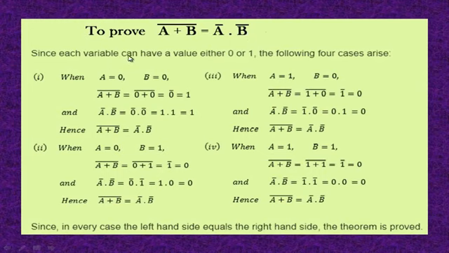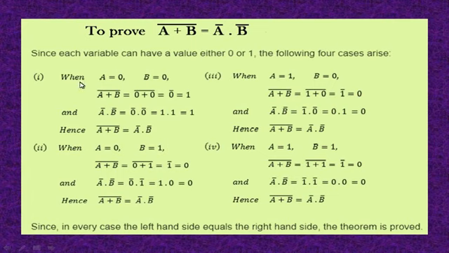Since each variable can have a value either 0 or 1, the following 4 cases arise. And we know that there are 2 variables at the input, therefore 2 raised to 2 is equal to 4. So, the 4 possible cases.